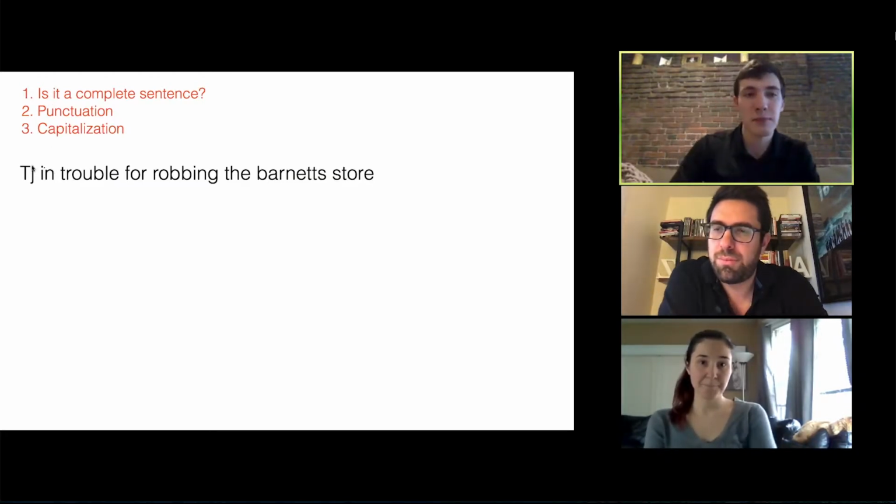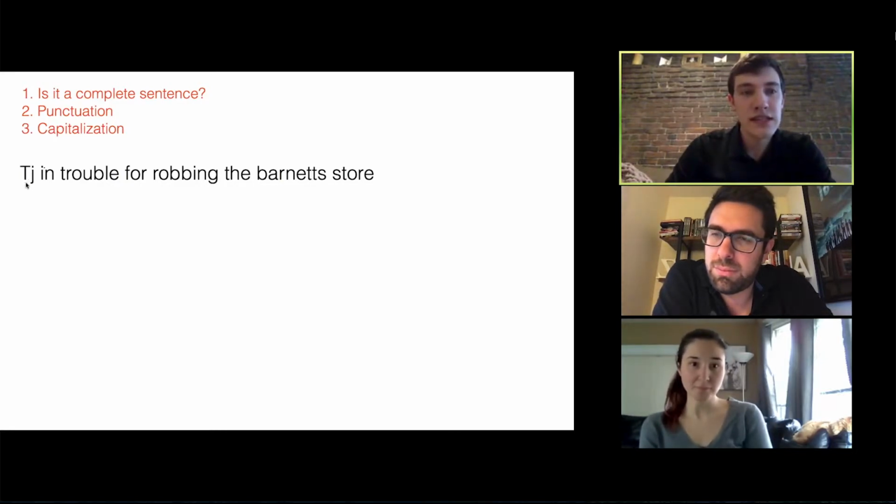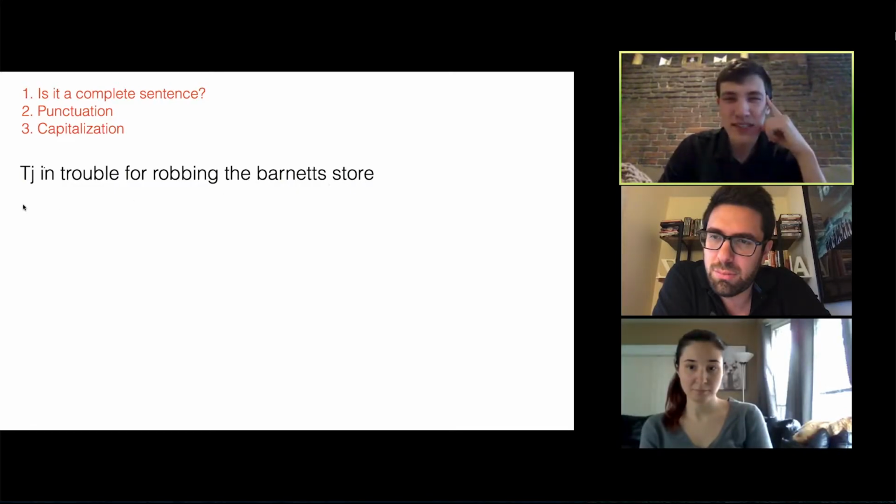So let's look at this sample sentence I've written right here. TJ in trouble for robbing the Barnett's store. Well, when I read that, I hear to myself that there seems to be a verb missing here to connect the subject of the sentence, TJ, to what has happened, robbing the Barnett's store.